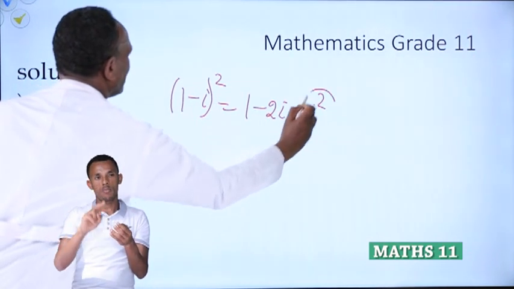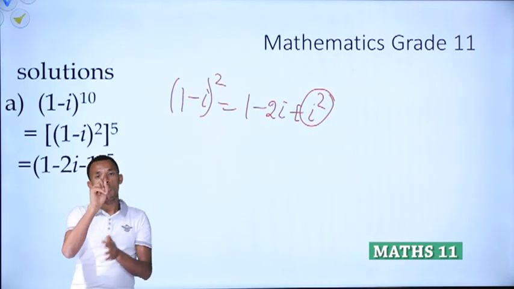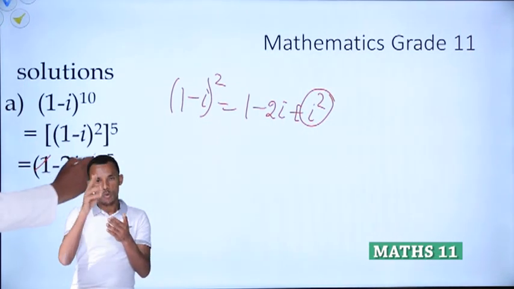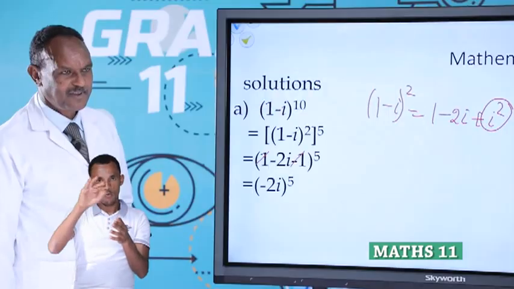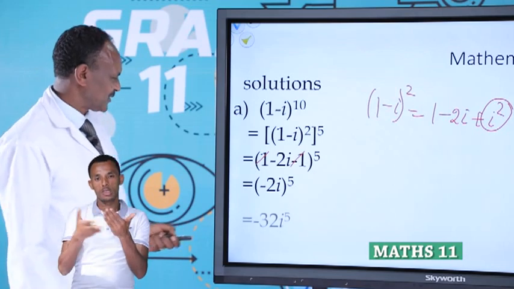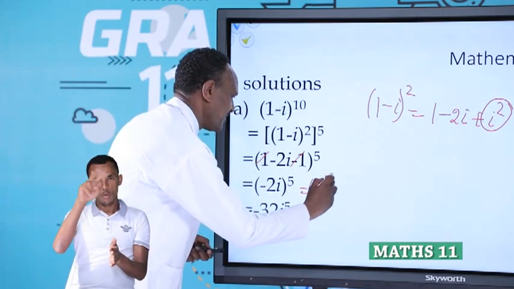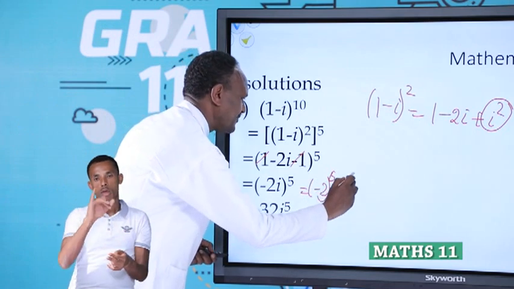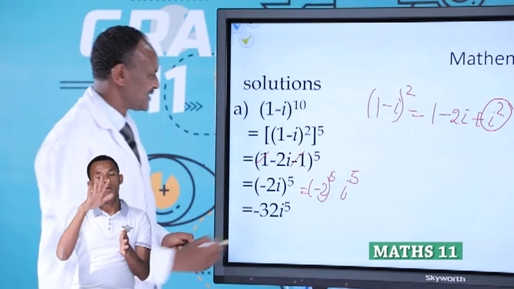But what was i squared? i squared was equal to negative 1. So we get negative 2i, to the power of 5. What is the simplest form for this one? This is equal to negative 2 to the power of 5 multiplied by i to the power of 5. Negative 2 to the power of 5 is negative 32.